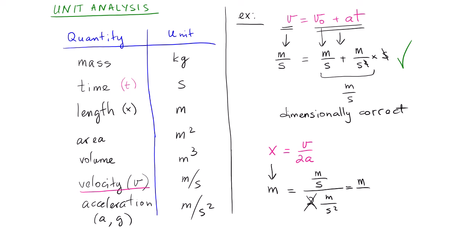For the top, meters per second, division I can make multiplication with the bottom fraction flipped, so that would be second squared over 1. So meter and meter will cancel, second and one of the seconds will cancel, and I will end up having second.